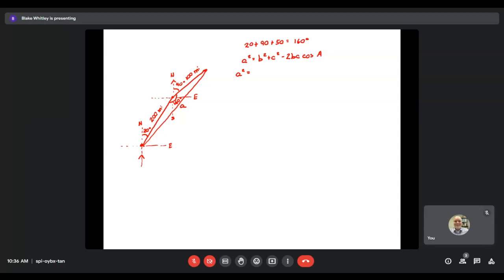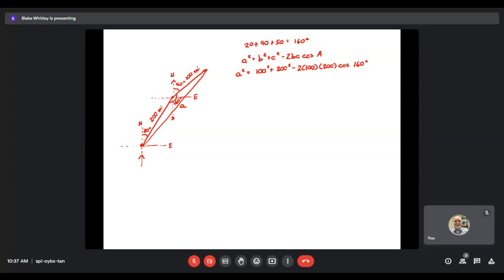It really doesn't matter which side is which, so I'm going to go with the 100 for B, so 100 squared. I'm going to call side C the 200, so that's 200 squared minus 2 times 100 times 200 times the cosine of angle A, which is the 160 degrees that we just found.